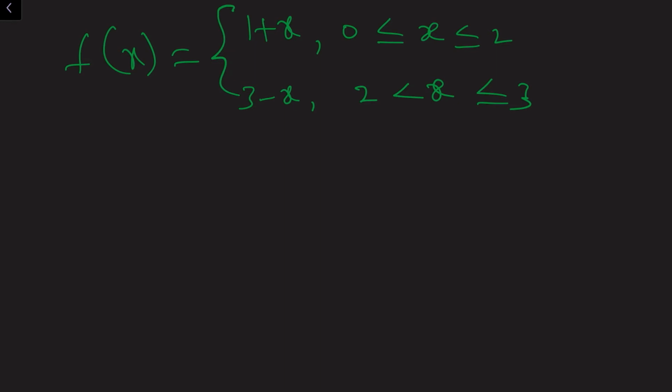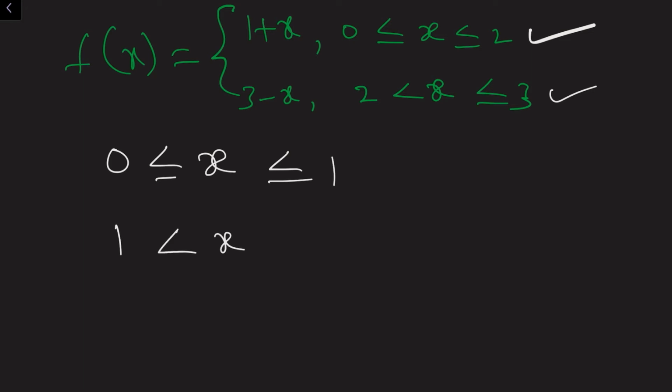Now if we observe the statements clearly, this is from 0 to 2 and this is from 2 to 3. 2 to 3 has only one number, whereas 0 to 2 has 2 numbers. So to make it equal, I will change it as 0 less than or equals to x less than or equals to 1, one condition. Then 1 less than x less than or equals to 2, second condition, and third condition as 2 less than x less than or equals to 3.